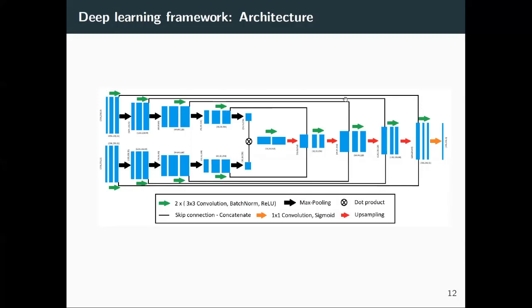We make use of a U-Net-like network where convolutions are applied downwards and upwards. Since we have two different inputs, the image and the binary mask, those are treated separately on the way down. They're joined with a dot product, and then we go upwards to output a segmentation mask of the same size as the input.